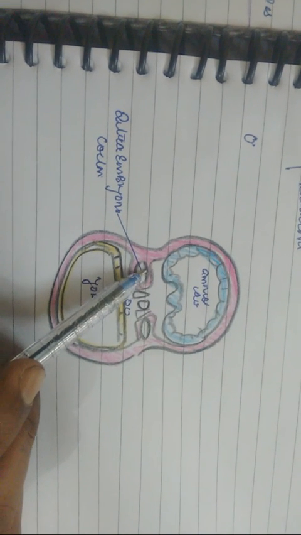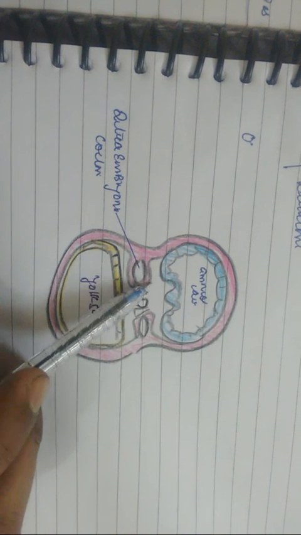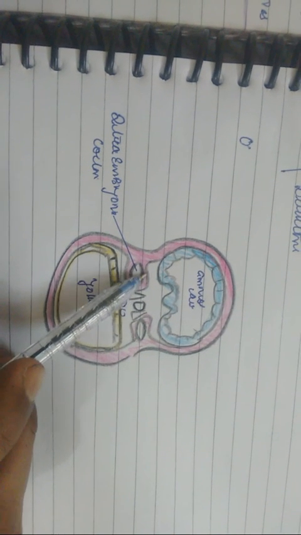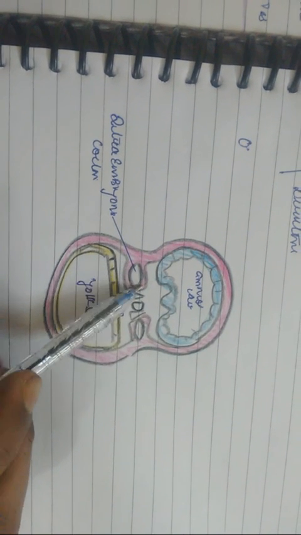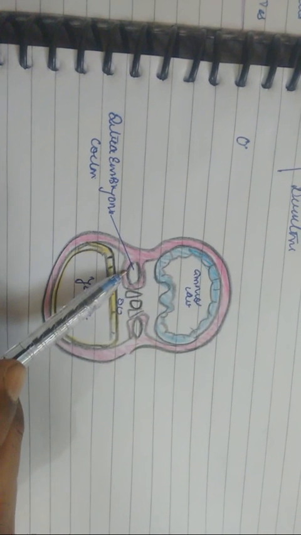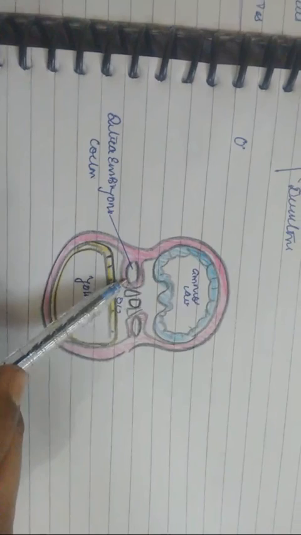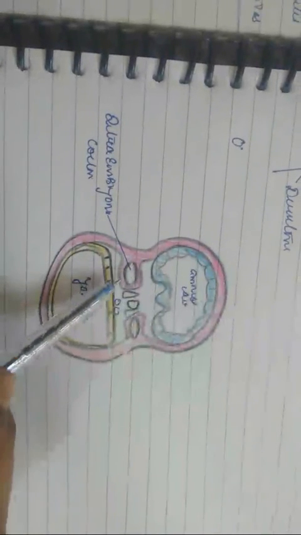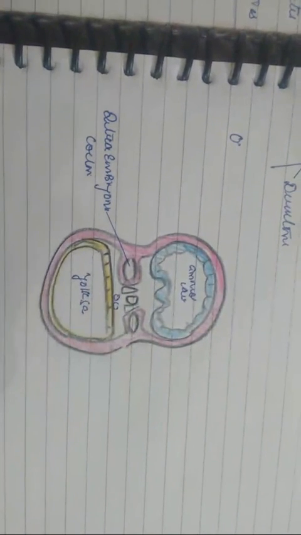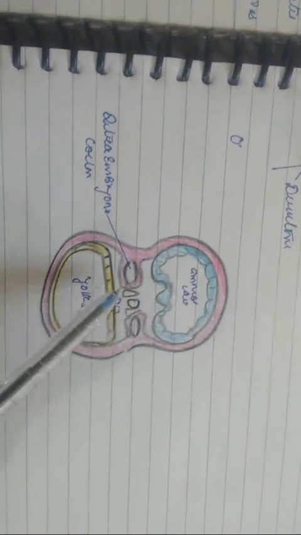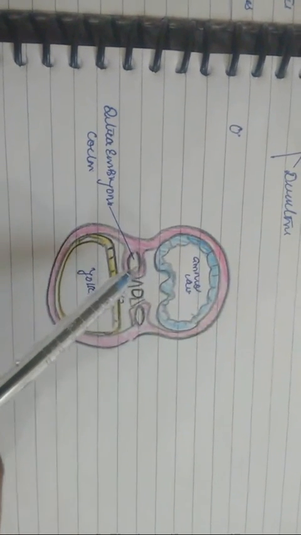The intraembryonic coelom forms cavities like the pleural cavity, peritoneal cavity and pericardial cavity, and it also forms smooth muscles lining the blood vessels. These are the things you have to understand regarding the intraembryonic mesoderm, because it is present between the epiblast and hypoblast. That is the reason it is called intraembryonic mesoderm.